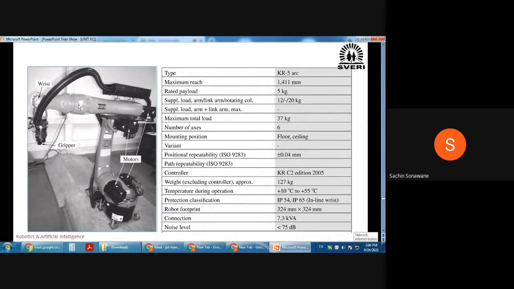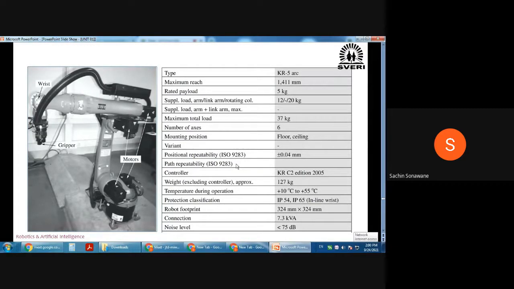Floor means now this robot is mounted on the floor. You can make it inverted and you can clamp it or fix it on the ceiling. Then variant, there are no variants or different types.